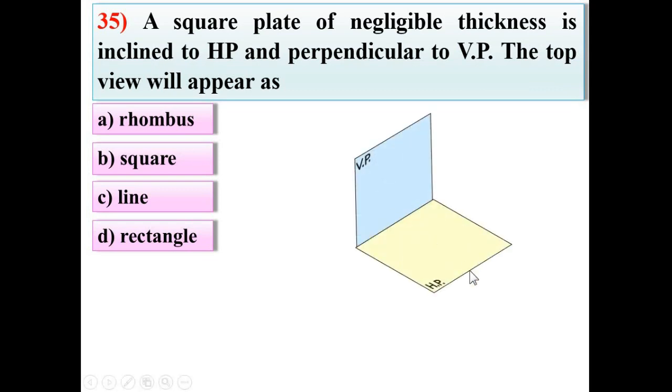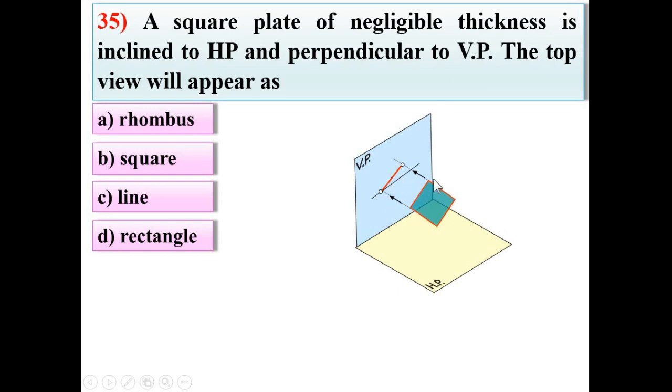So reference plane HP and VP, and this plane is inclined to HP, you can see over here, and perpendicular to VP. So you can understand with the help of this figure. Now the top view will appear as, so first if I want to see the front view, then it will be like that, line, and that will be inclined to XY line.